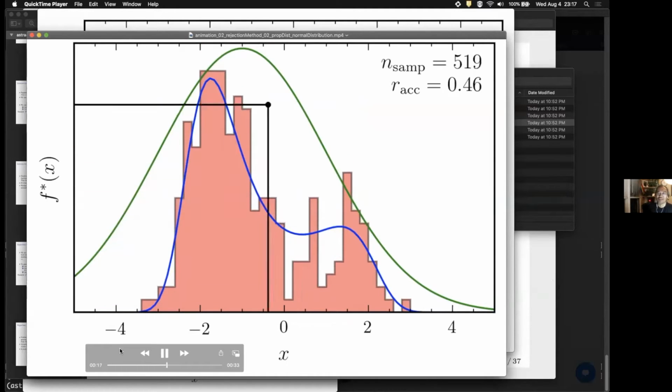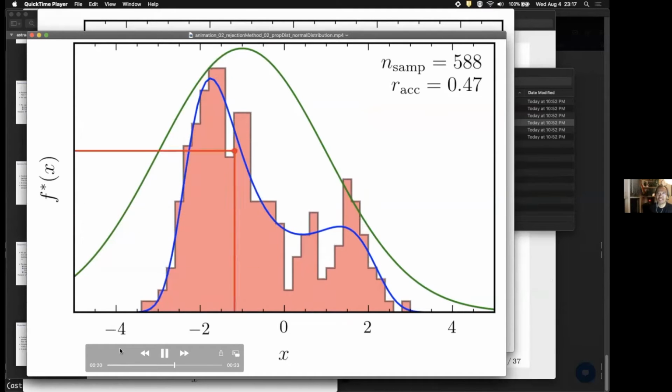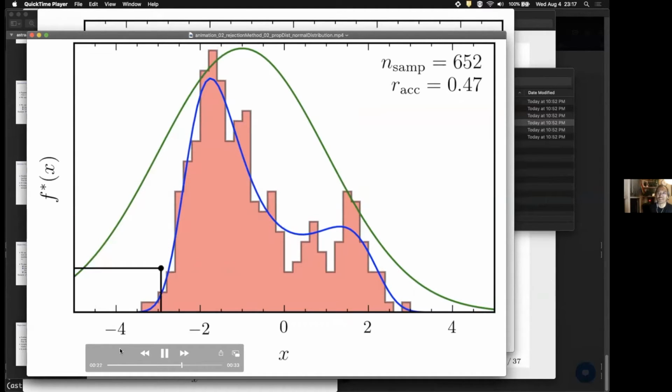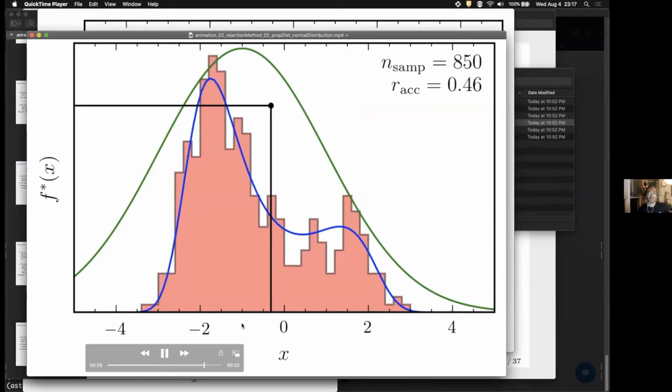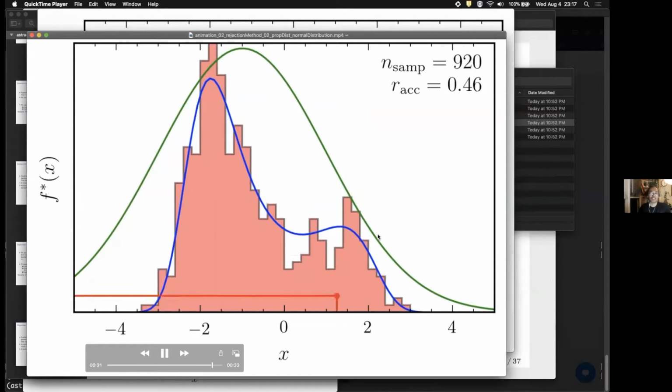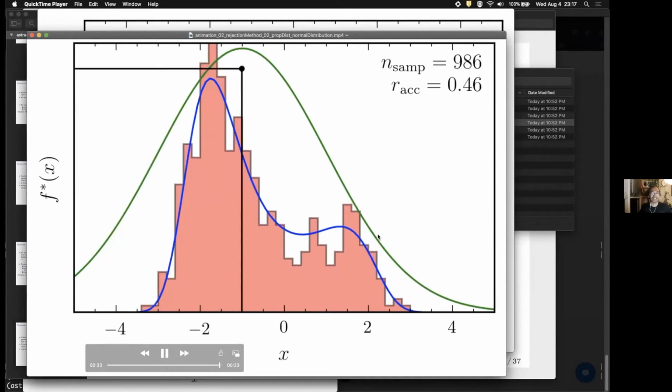So as you can see now, we have a higher acceptance rate. So only 50% of the samples are rejected. So that's the trick in rejection sampling.